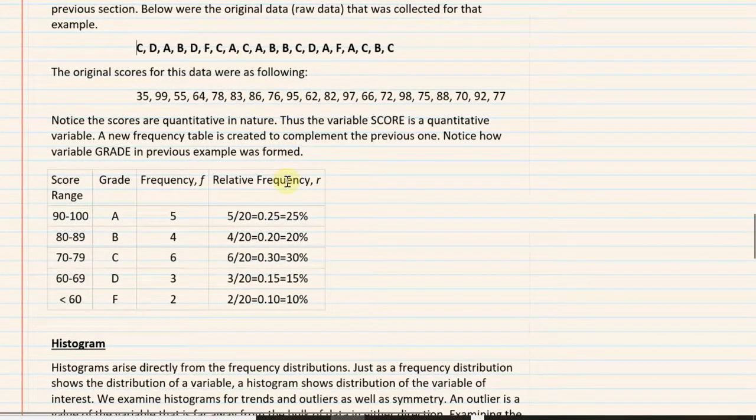Now, what I could do is I could actually group these in categories. See, notice I have quantitative data, right? This is quantitative. But I have created qualitative categories, right? I created the letter grades A, B, C, D, F, and there you go. I get the exact same information had I been given this rather than the A, B, C, Ds from the beginning.